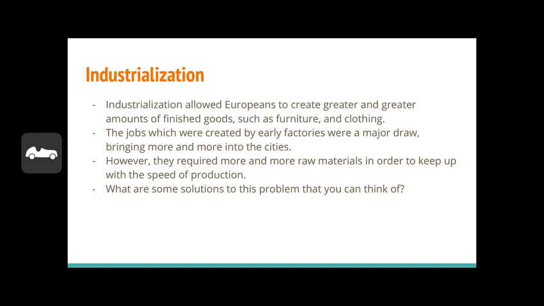But for now, what we can understand industrialization as is the process through which people began to mass produce goods through the use of factories and machines.